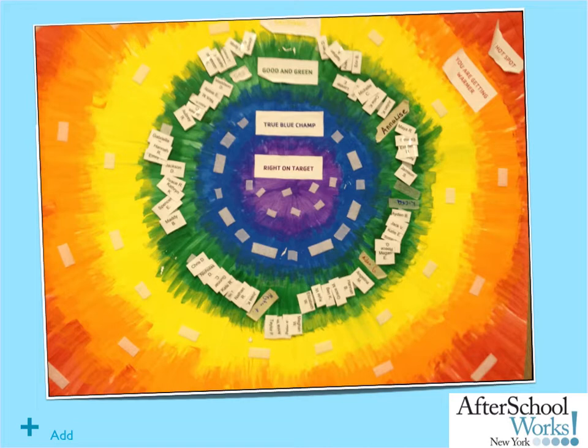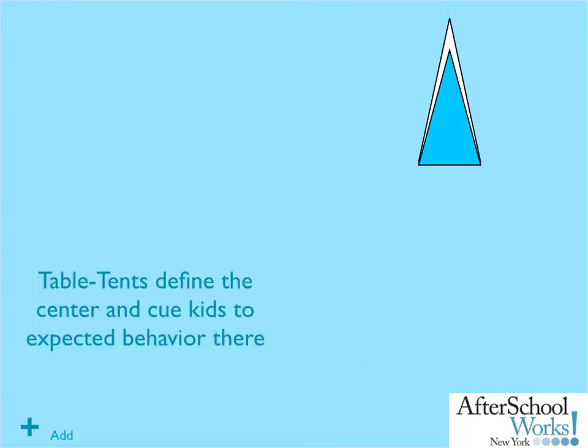Now, in yet another program, they use these table tents to define each of their centers, and then they cue the kids to the behavior that's expected at that particular center. Now that's very useful because kids have different expectations of behavior in different places, and they know that, but it's good to remind them about that.